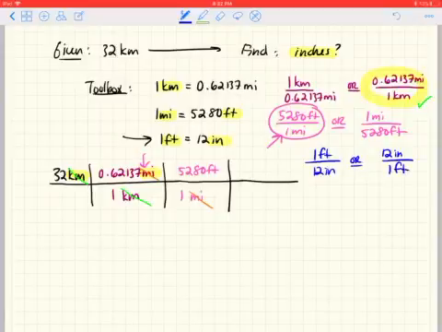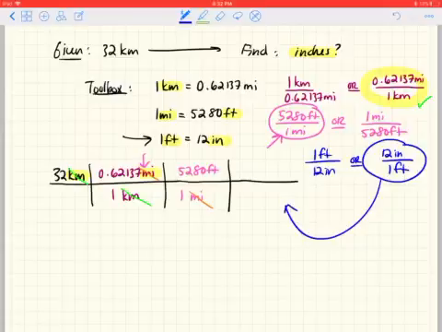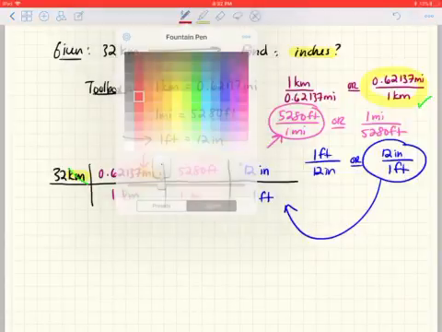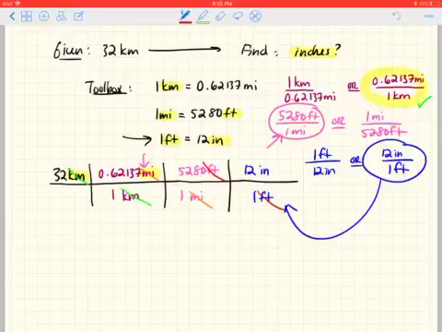And in this case, I want the feet to cancel out diagonally, which means I am going to choose this version right there. So 1 foot is equivalent to 12 inches. And you can see how the feet cancel out. I am left with inches on top, which is what I want, since that is what I'm asked to find.